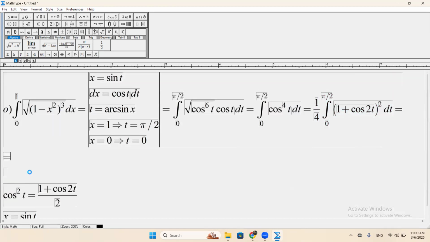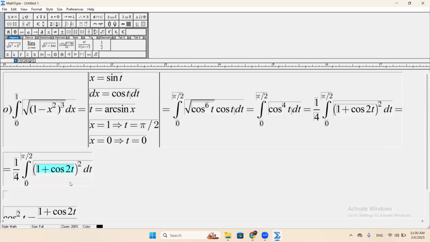Let's expand the brackets: 1 plus 2 cosine of 2t plus cosine squared of 2t dt.